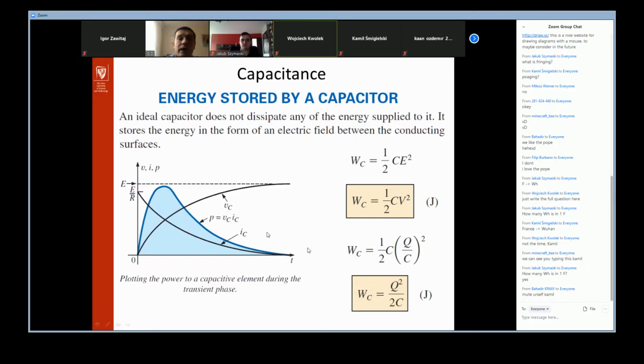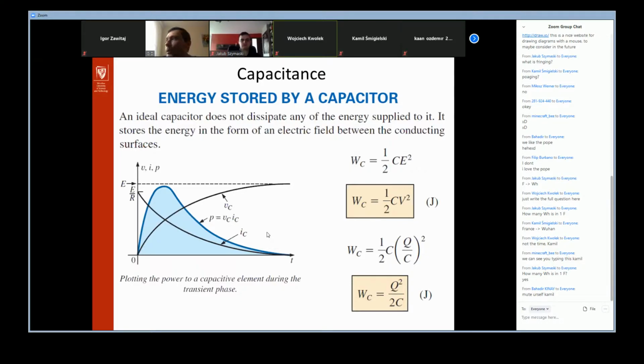So if the power is equal to 0, we can say that there is no dissipated power on this component. That's why you have to remember that capacitors don't have any dissipated power or energy. We can only say that we have some power or energy which can be stored by the capacitor.